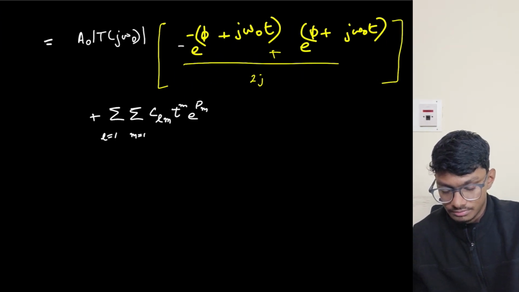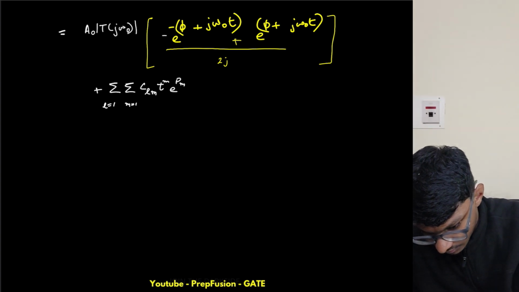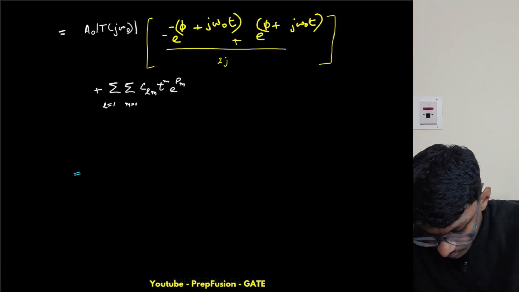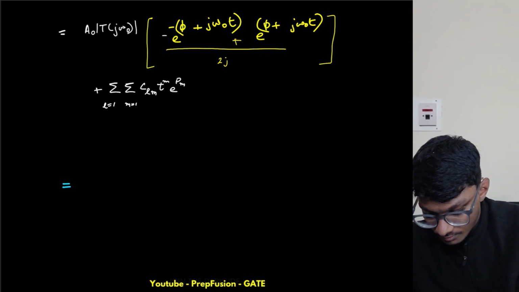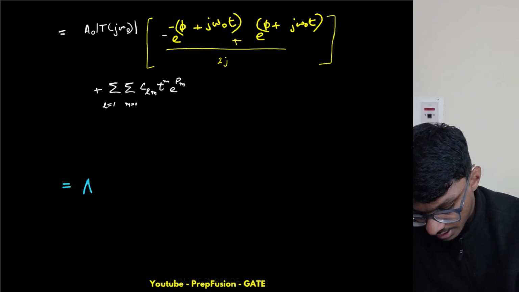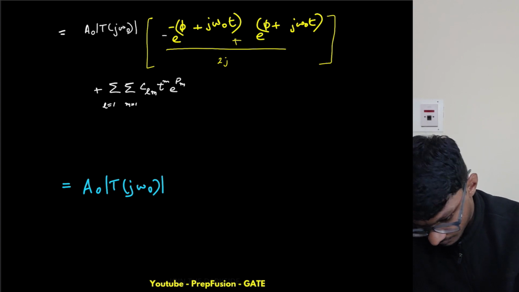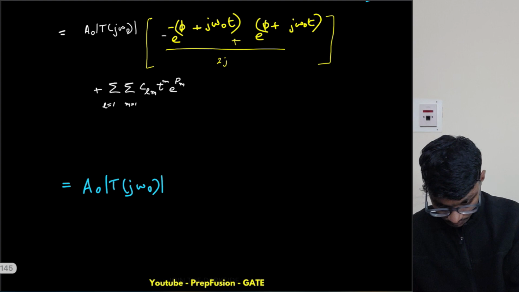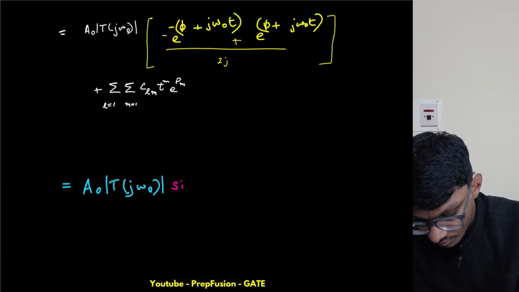So if I equate this one, I will get a naught into t of j omega naught into sine.